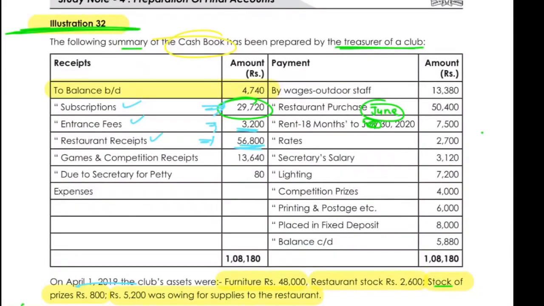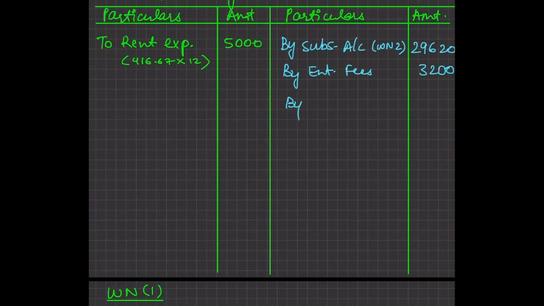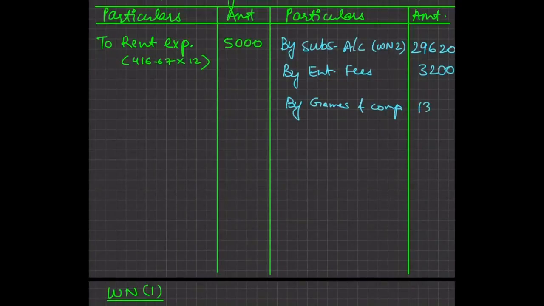Then we have games and competition receipts, that is 13,640. So in my income and expenditure account by games and competition, that is 13,640. That is again the income of my club.